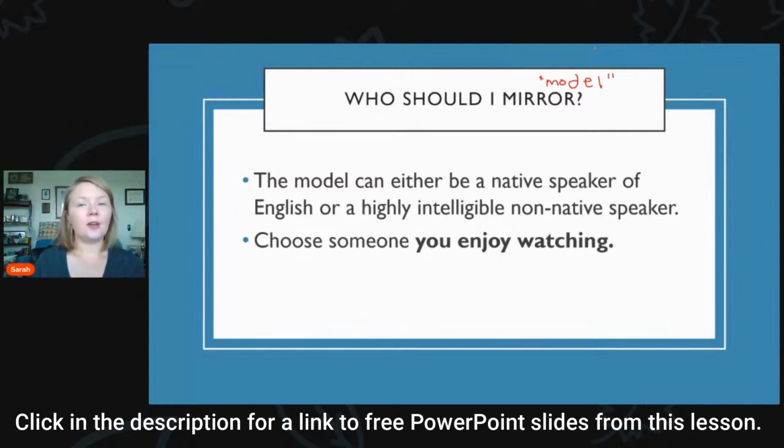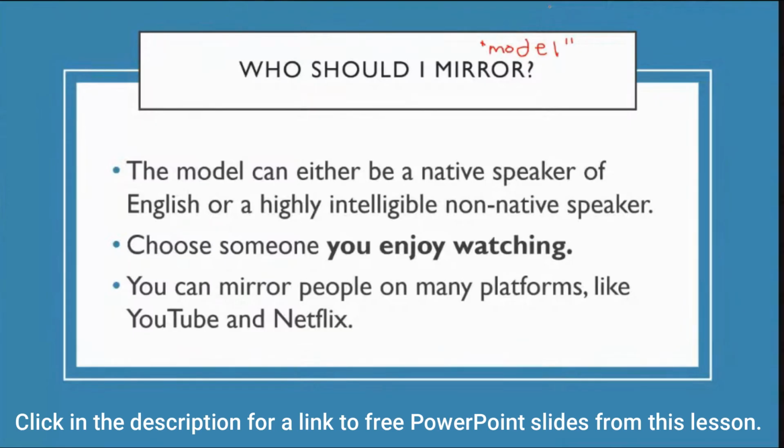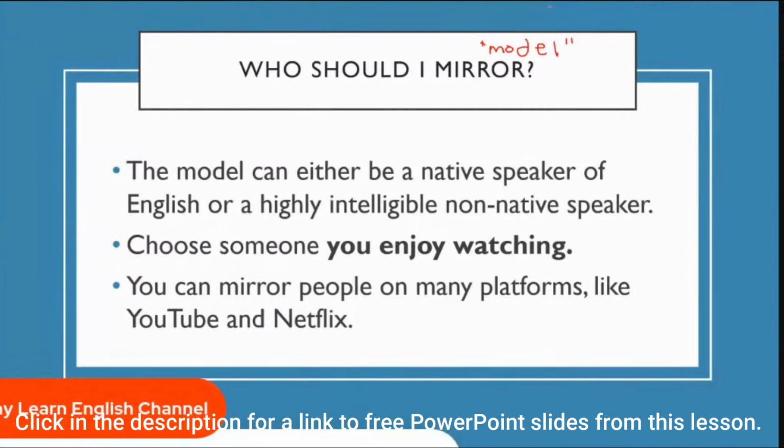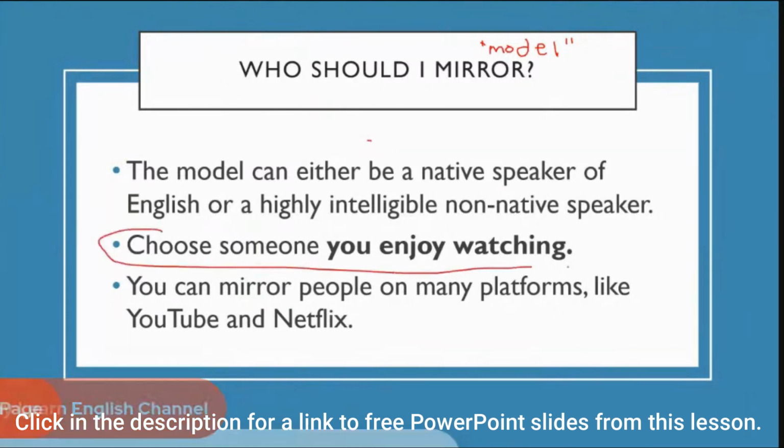But make sure it's someone you enjoy. If you are modeling someone who is so boring, then this will not be fun, right? So choose someone you enjoy. You can mirror people on many platforms like YouTube and Netflix. There are so many options available, and you can choose the person you want to watch.